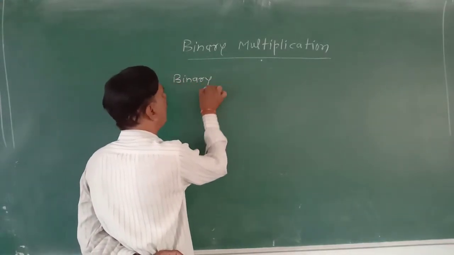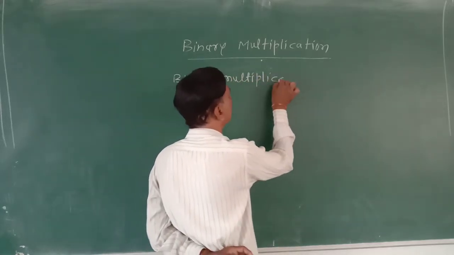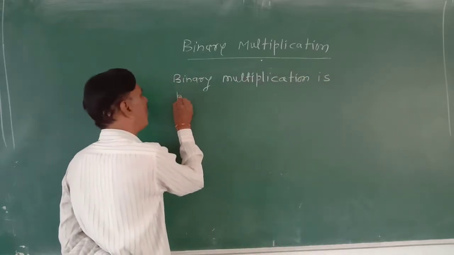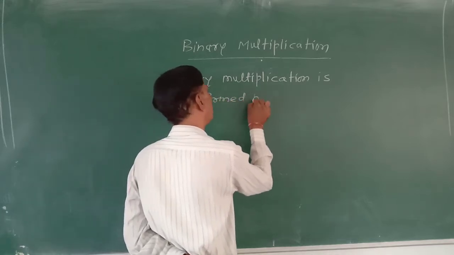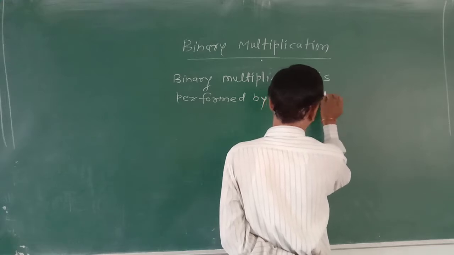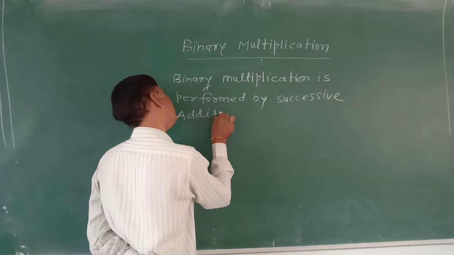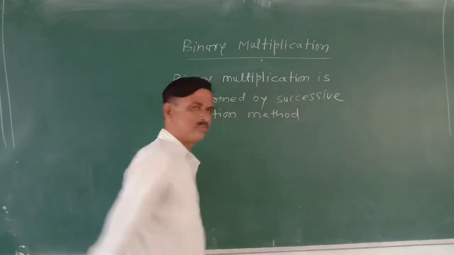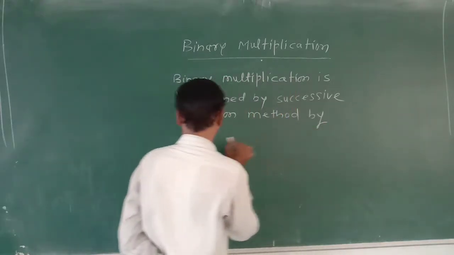Binary multiplication is performed by the successive addition method, but not by us, by the computer.